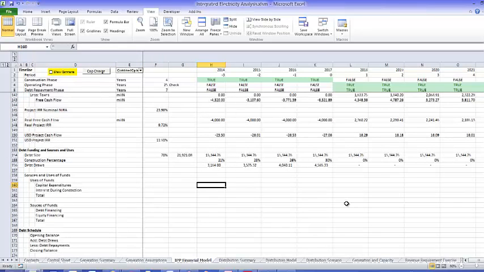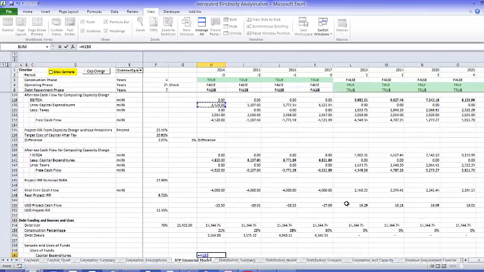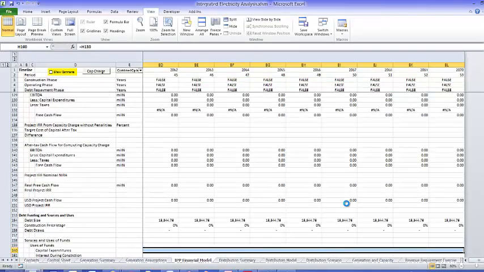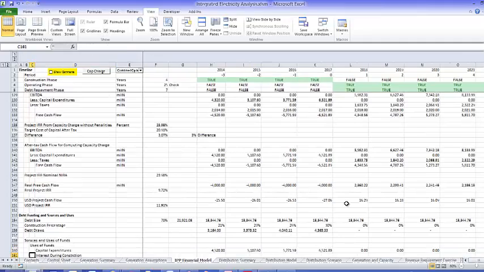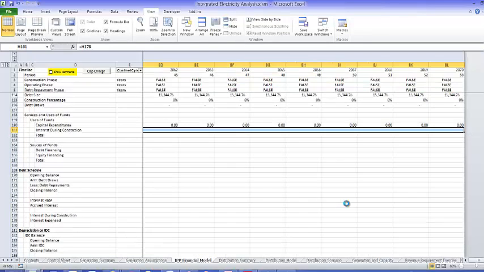So our capital expenditures, that just came from up here, looking at our total capital expenditures. And then now the interest during construction, and that's why it's really helpful to work through all the titles.